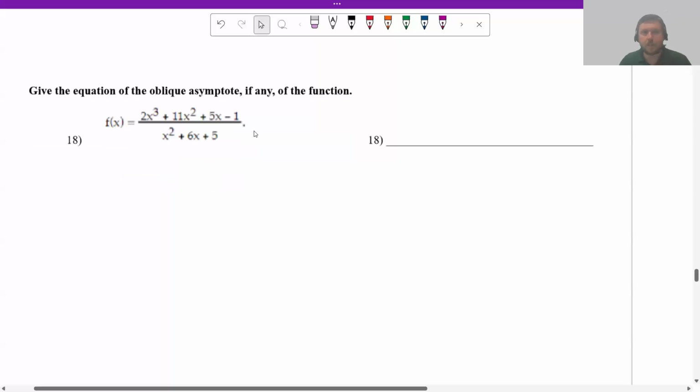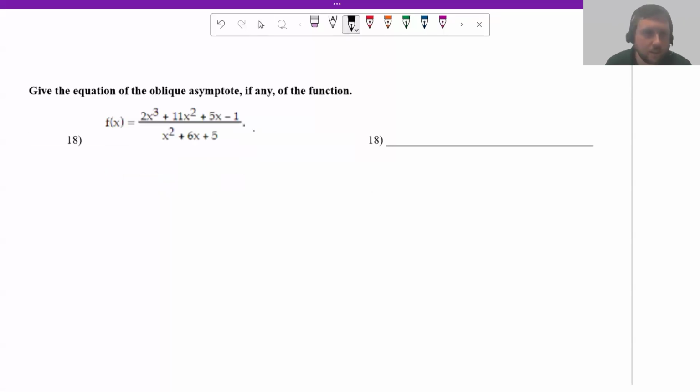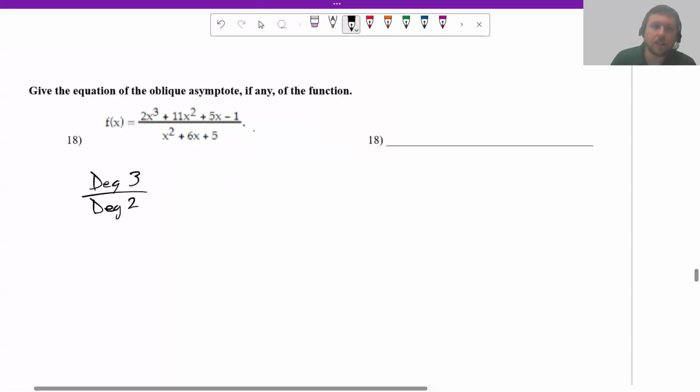Okay, give the equation of the oblique asymptote if it exists. So they kind of just hinted, but we still want to think about this as a degree 3 over a degree 2. So we see that the degree is 1 more. And now this is where we're required to do long division. There's no synthetic for this.